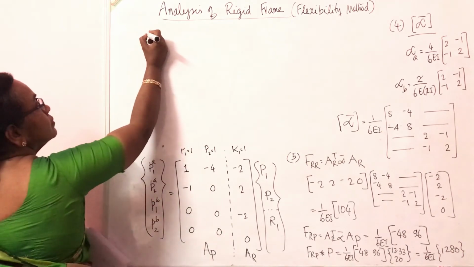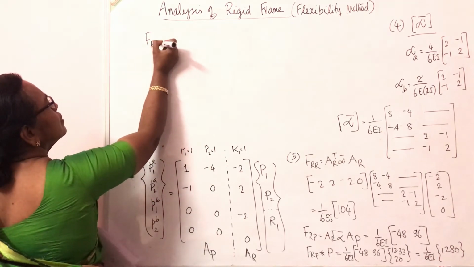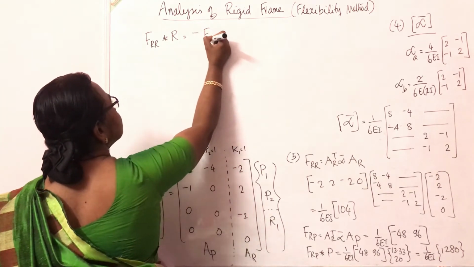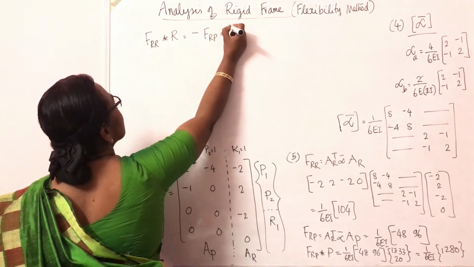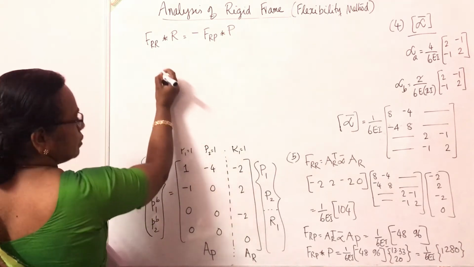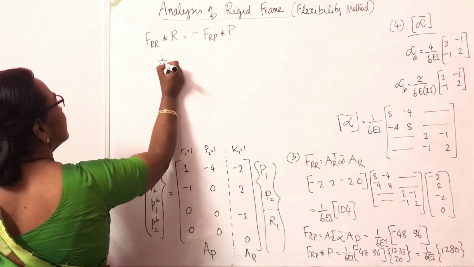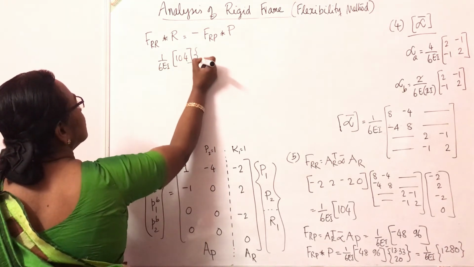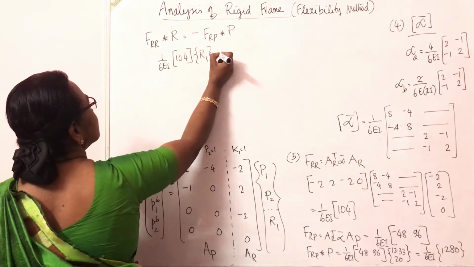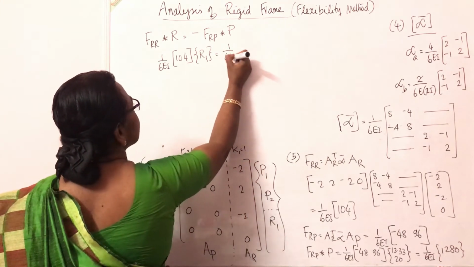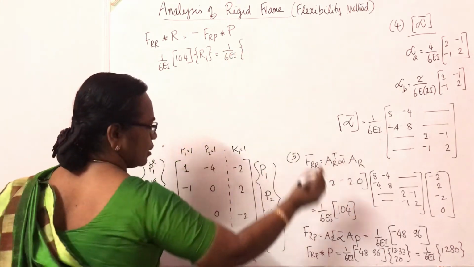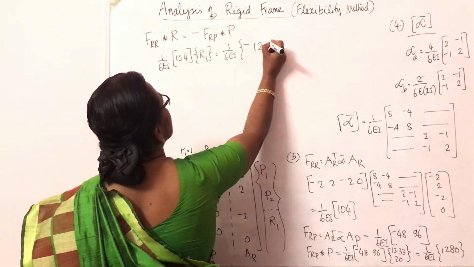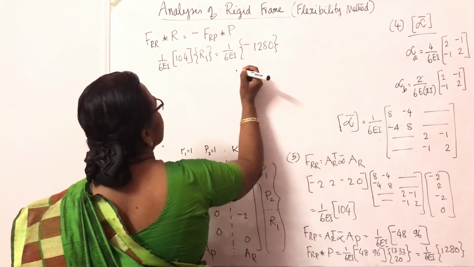Next, FRR into R is equal to minus of FRP into P. So that 1 by 6 EI into 104 R1 is equal to 1 by 6 EI, FRP into P is 1280, minus 1280.